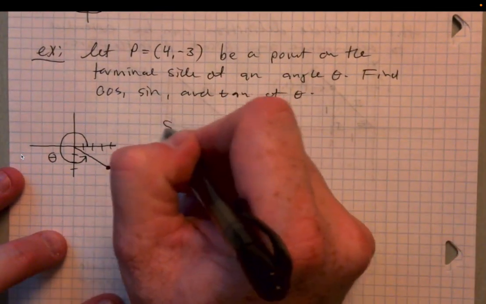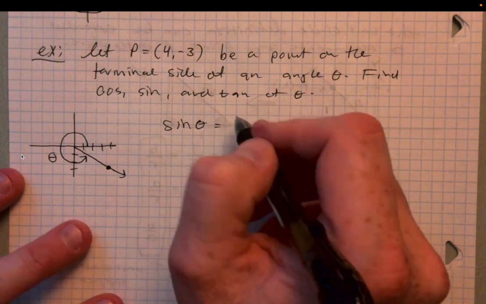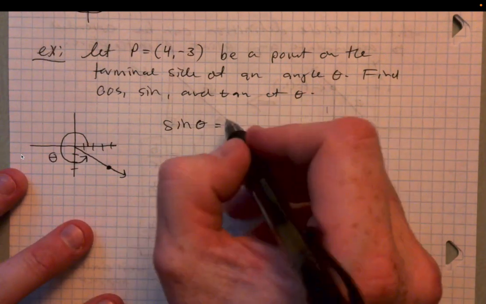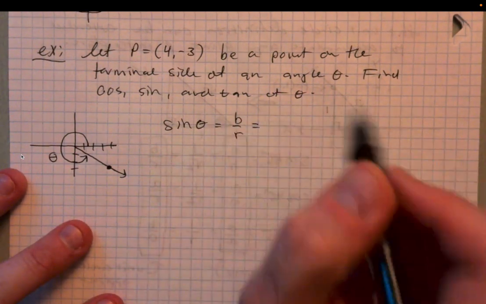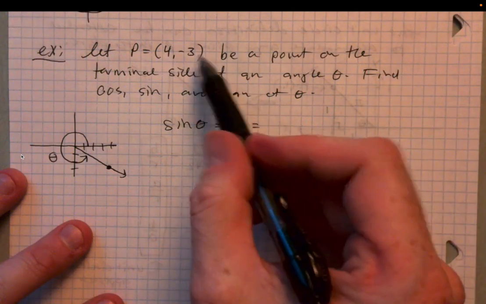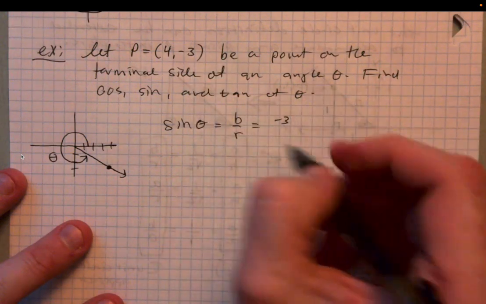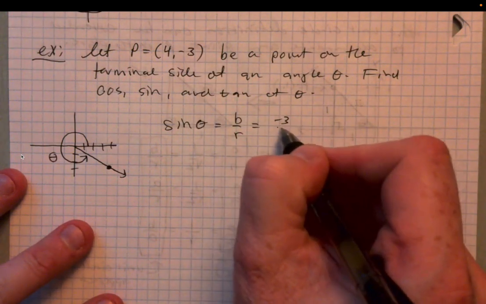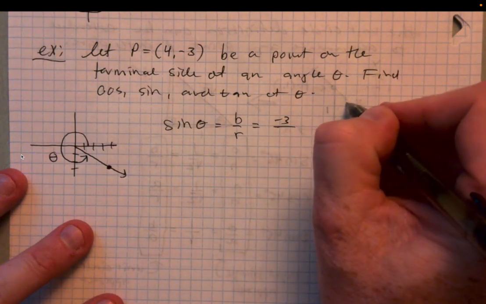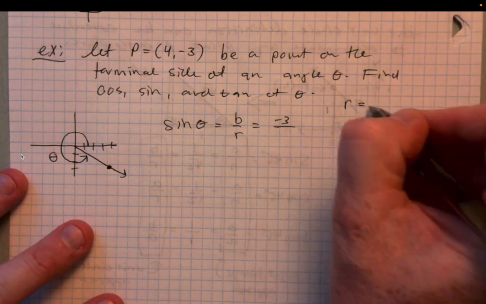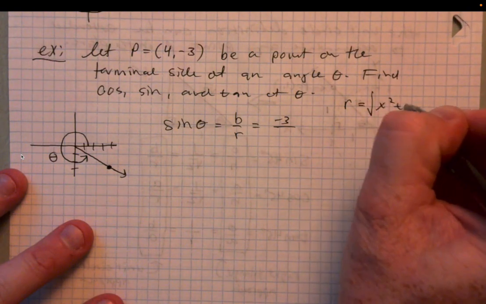So the sine of theta is b over r. Okay, and b is negative 3. r is, we don't know yet. Let's figure that out. Actually, we should have done that first. The first thing we need is the r. So r is equal to the square root of x squared plus y squared.